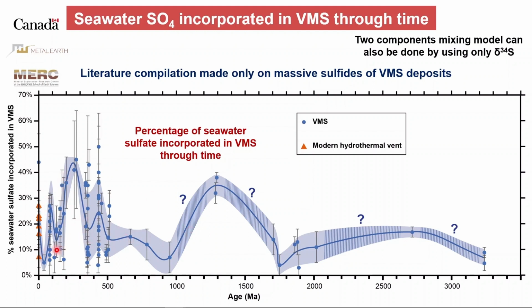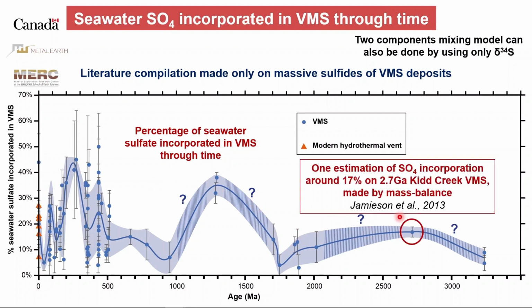As you can see here, there are huge variations through time, but the general trend is that from modern times to the Archean, there is a decrease of the percentage of seawater sulfate incorporation in a VMS deposit. And there was already just one estimation from Kidd Creek, the VMS, of the incorporation of sulfates at around 17%.